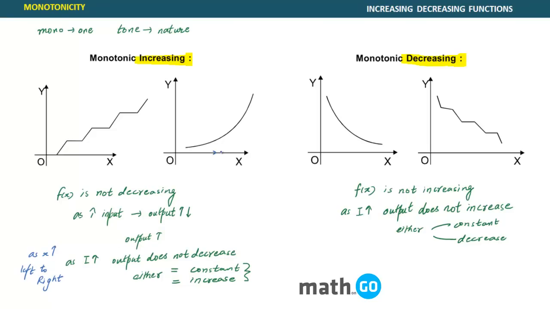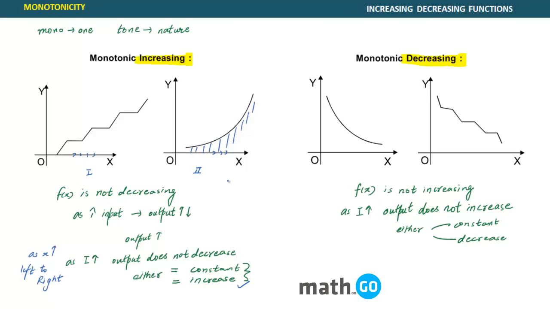In the second diagram, as you keep moving from left to right, the value of y is increasing all the time. As input increases, output increases. That is why this is a monotonic increasing function for every value of x.